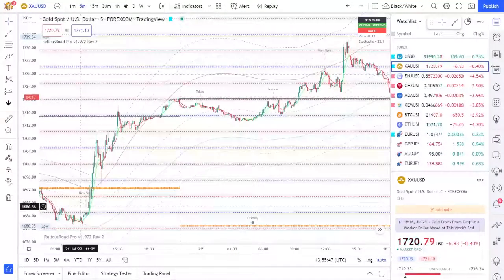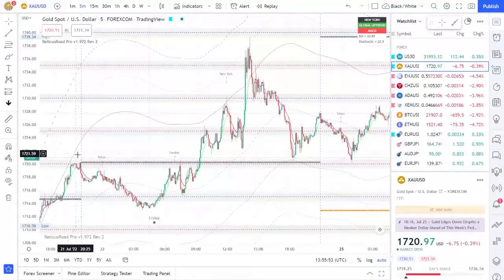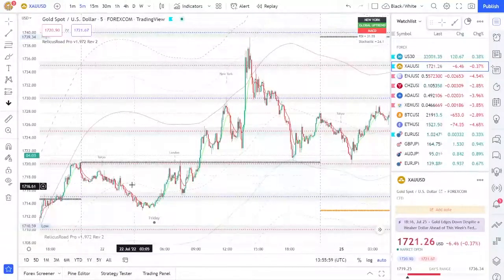Now we can see the market is in an uptrend, right? So there was this small downtrend, okay, like this. And what happened is it broke that trend line, if I can make a trend line here, 1 second.